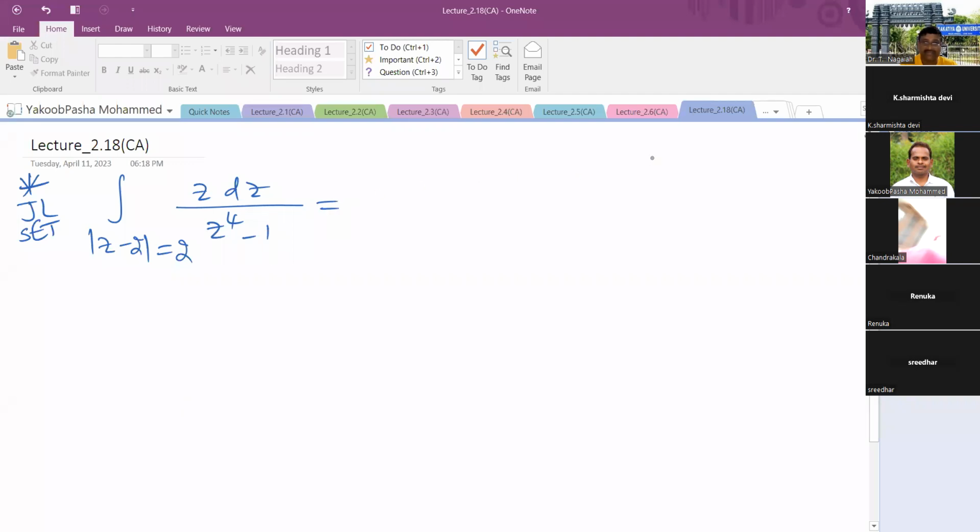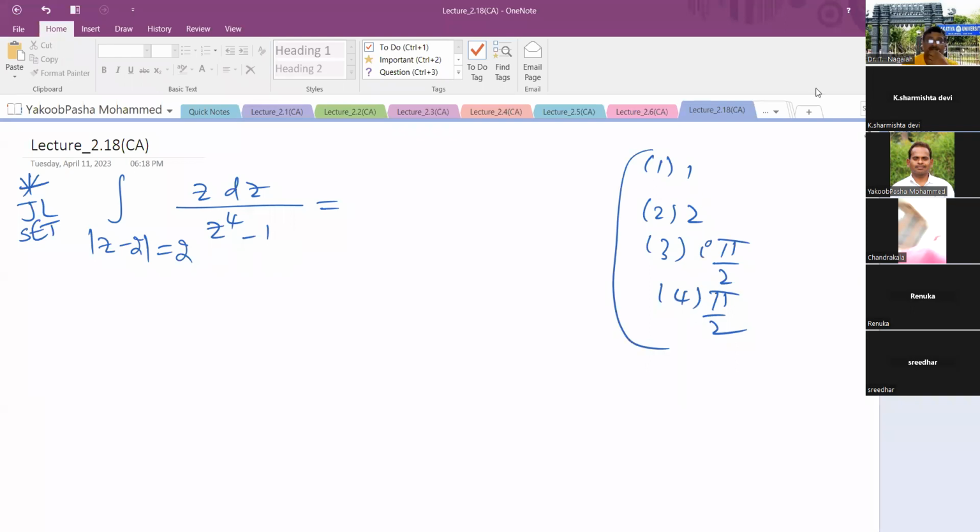We have options here. First option 1, second option 2, third option iπ/2, and fourth option π/2. These are the 4 options we have.